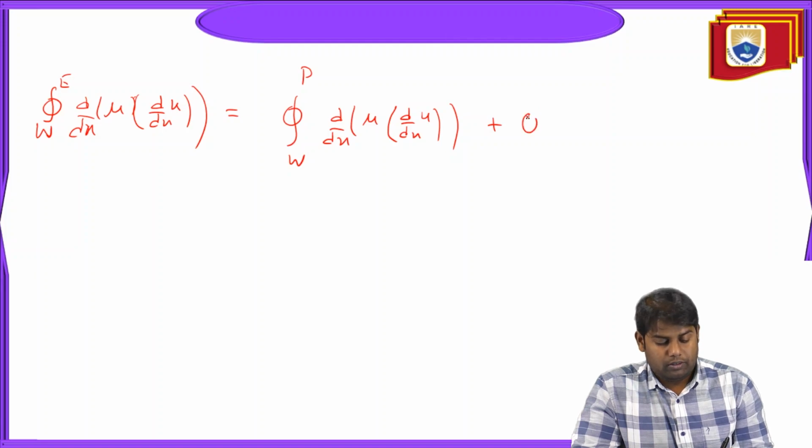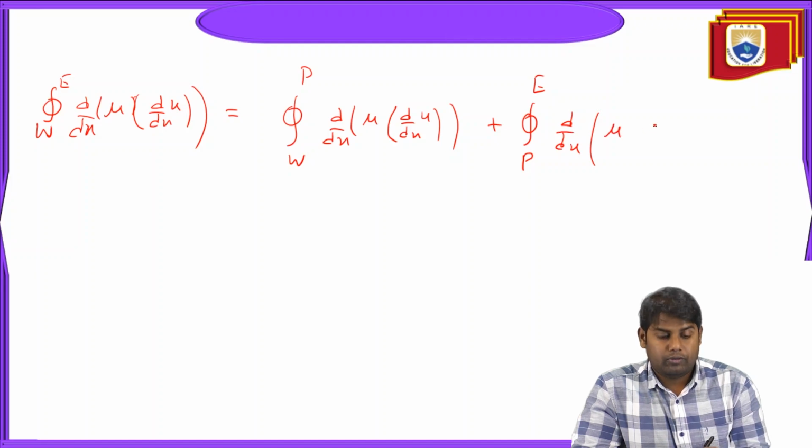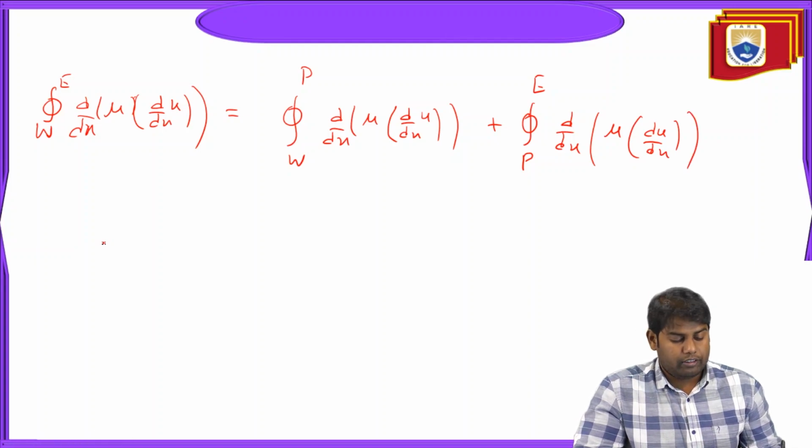This is equal to, from the west node to the point of interest P, mu d by dx of u, plus, from the point of interest P to the east node, d by dx of mu du by dx. So this is what we have.